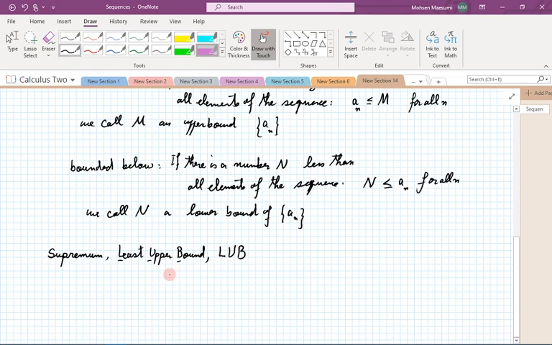That is the smallest number that is an upper bound of a sequence.